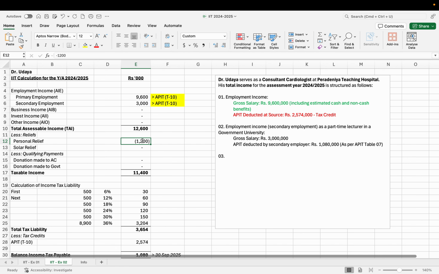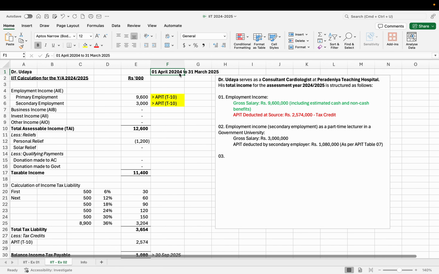When it comes to 24-25, the year of assessment starts from 1st April 2024 to 31st March 2025. I am talking about this 12-month period.